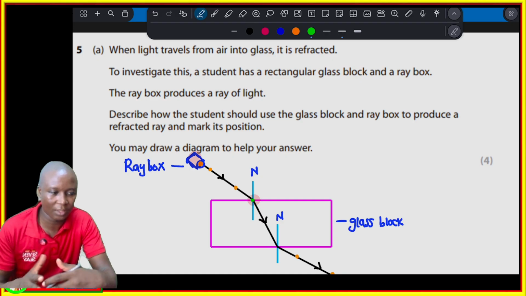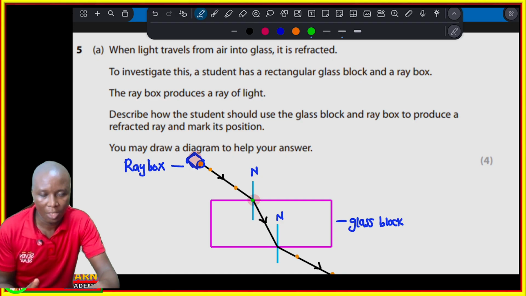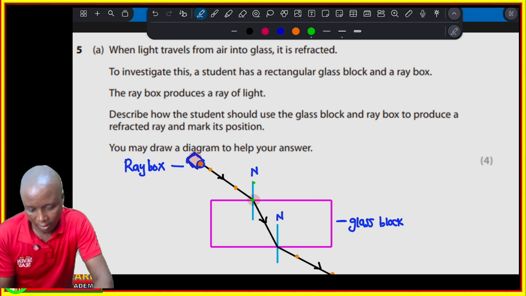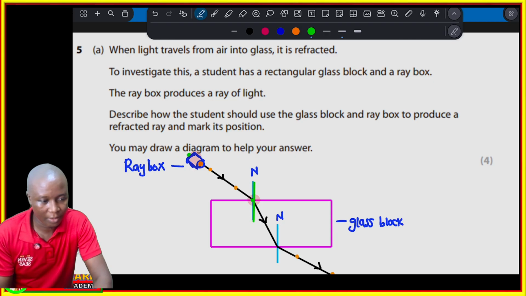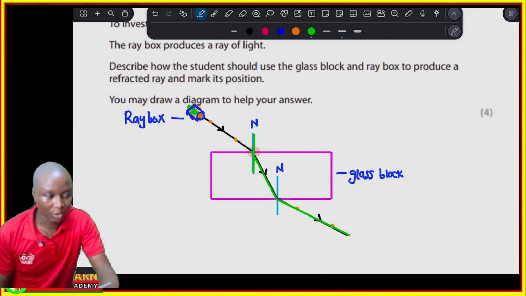After tracing the outline of the glass block, you are going to draw a normal on one side that we are having at this given point. Once you have drawn the normal, you are going to direct the ray from this particular point into the glass block. Then you will observe how the ray travels, and you are going to trace the path followed by the ray of light inside the glass block as shown there.